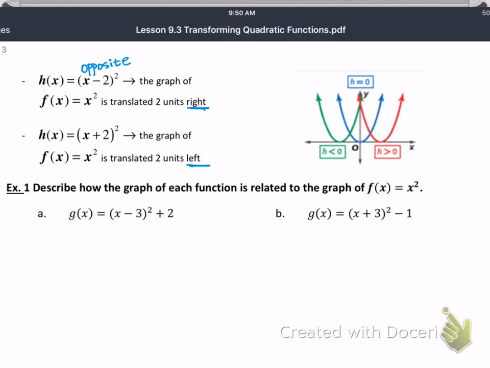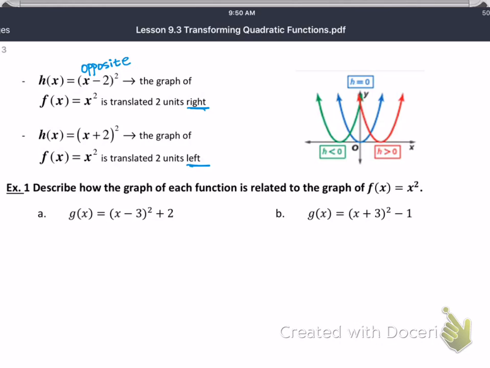So if we look at these two examples on the bottom, example 1a and example 1b, I'll do this first one together, and then the second one I'll assign for homework. So g of x is equal to x minus 3 squared plus 2, and the directions say, describe how the graph of each function is related to the graph f of x is equal to x squared. So here I have one inside the parentheses and one on the outside.